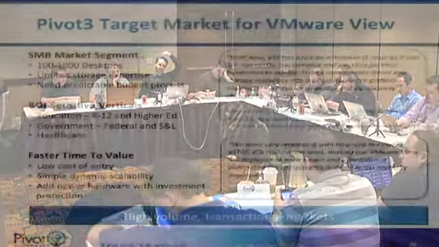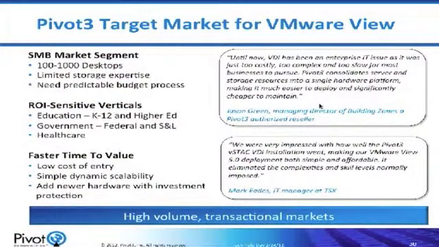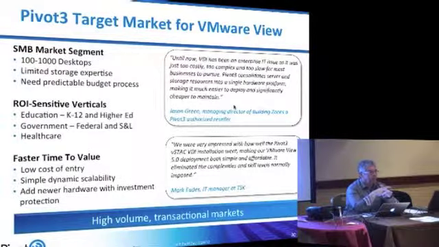Obviously, fast time to value. We're always trying to minimize the dollars per desktop, and also balance that against the entry cost of the appliance. Those are not necessarily the same. You could say, all right, I can get down to $250 per desktop, but it's going to cost you hundreds of thousands of dollars of hardware. That's not going to fly in the segment that we're in.